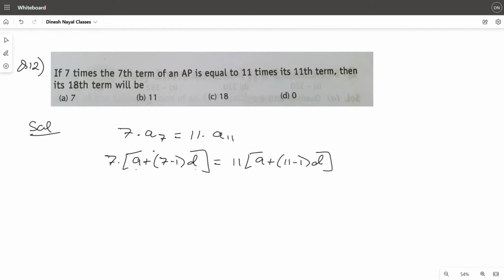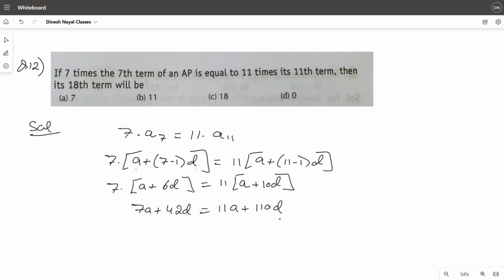Now solving, this will be 7 times A plus 6D, that equals 11 times A plus 10D. Now opening the bracket, this will be 7A plus 42D equals 11A plus 110D.